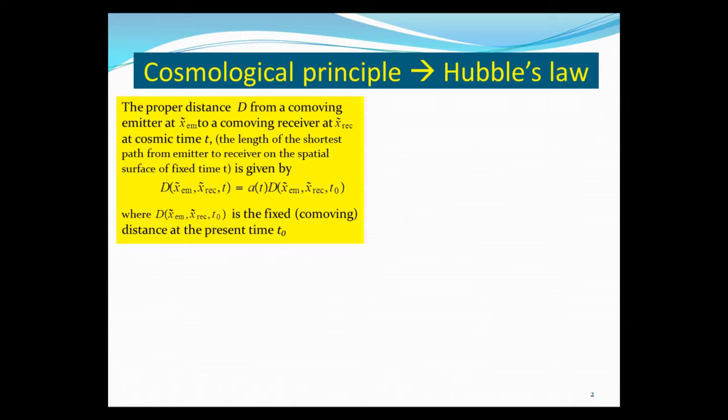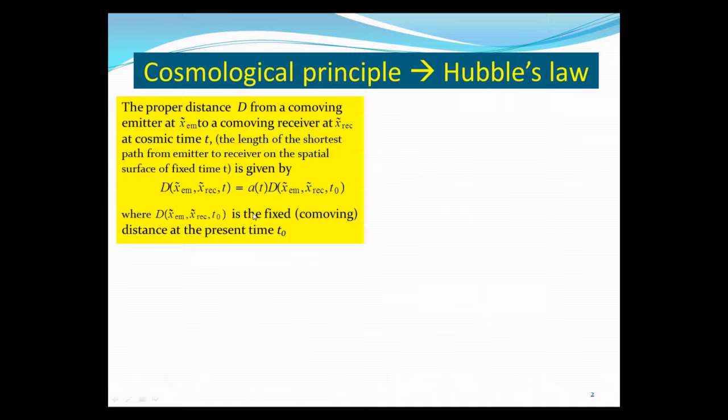The proper distance from a co-moving emitter at x emit to a co-moving receiver at x receive at cosmic time t, which means the length of the shortest path from emitter to receiver in the spatial surface of fixed time, is given by a co-moving distance, which is independent of time, multiplied by the scale factor.